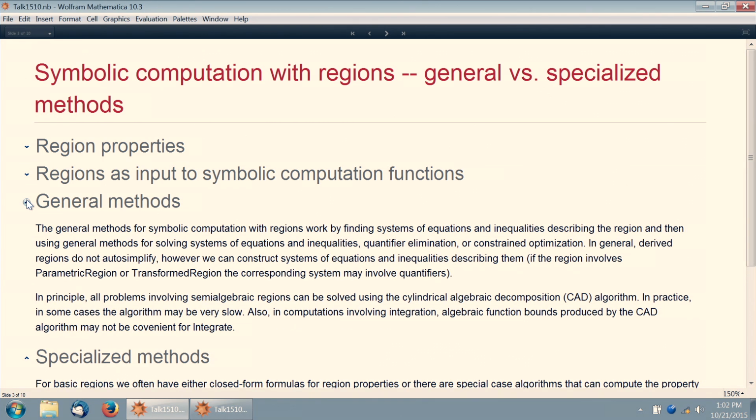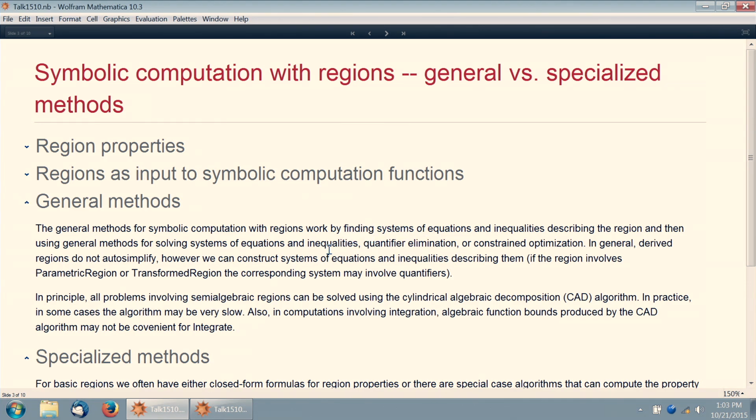Now, what's the general method? The most general method of handling a problem involving a region is to find a system of equations and inequalities that describes the region, and then use the symbolic computation methods that solve the problem written in terms of equations and inequalities.